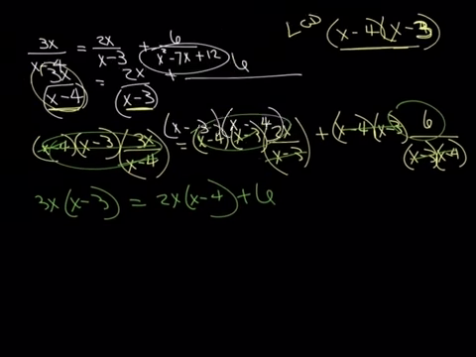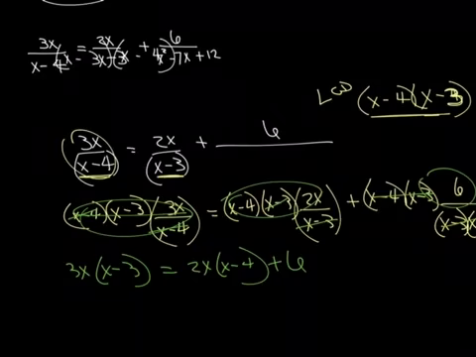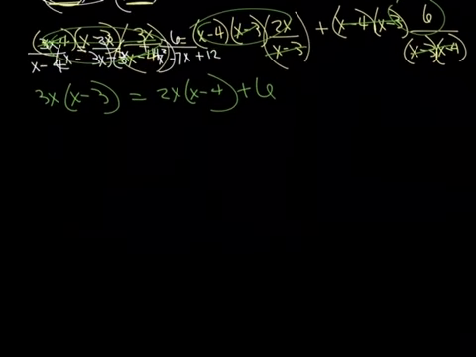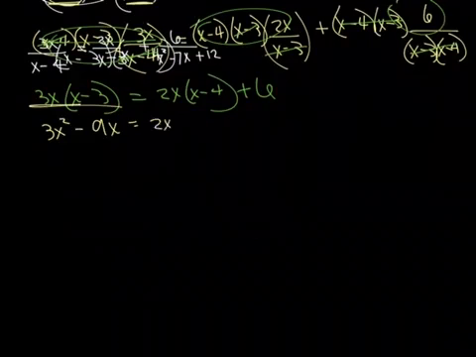Okay, let's move everything up and distribute. So this becomes 3x squared minus 9x, 2x squared minus 8x plus 6. So let's move all this over here so we can set it equal to 0.